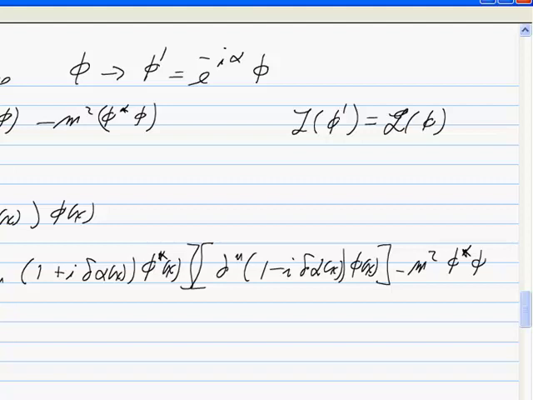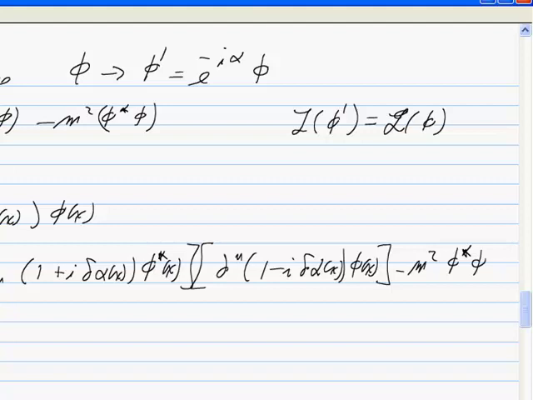And now, if you look at these pieces here, there's two pieces. There's the piece where the derivative acts on the phi's, and then the phase drops out overall, so there's no phase in the final answer as usual. Or the derivative can act on the delta alpha.